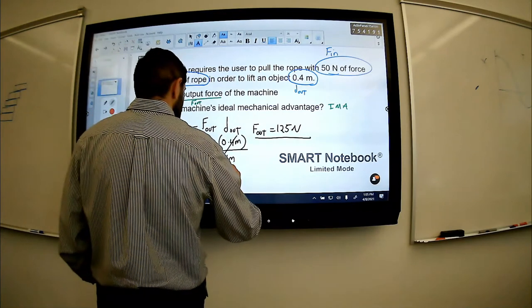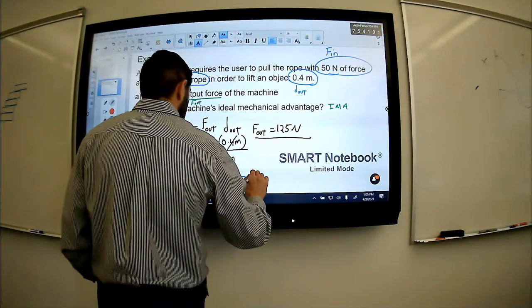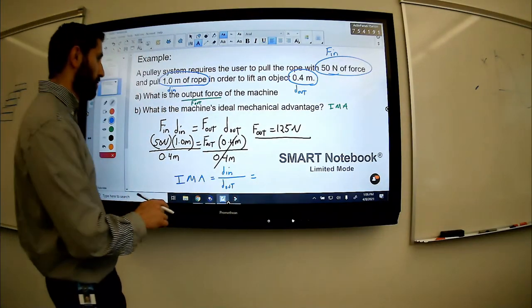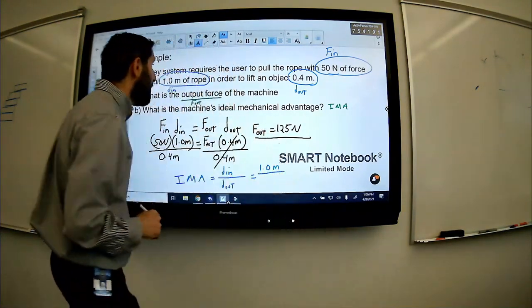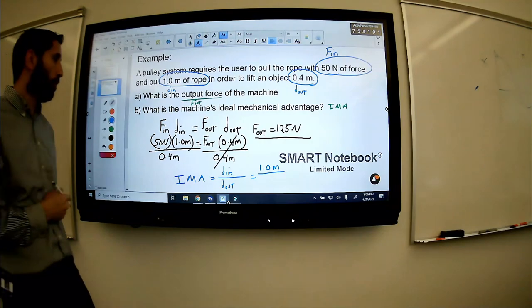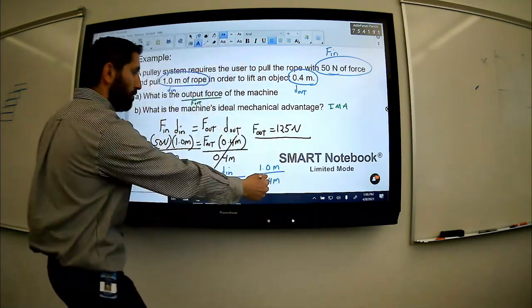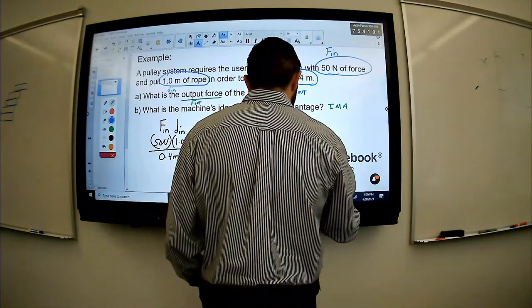So D in divided by D out. In that case, D in is 1.0 meters, and D out is 0.4 meters. So if we divide those two, we get a mechanical advantage of 2.5.